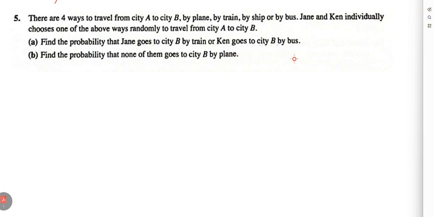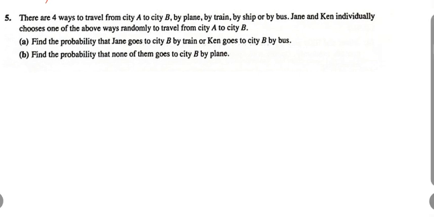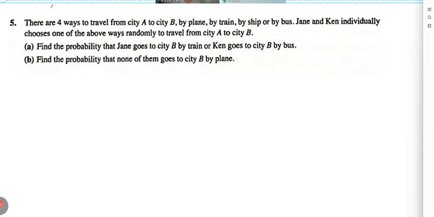But first, let's look at the figures that we have. Now, we have Ken. Try to remember, to get the sample space for this one, there are four ways to travel.